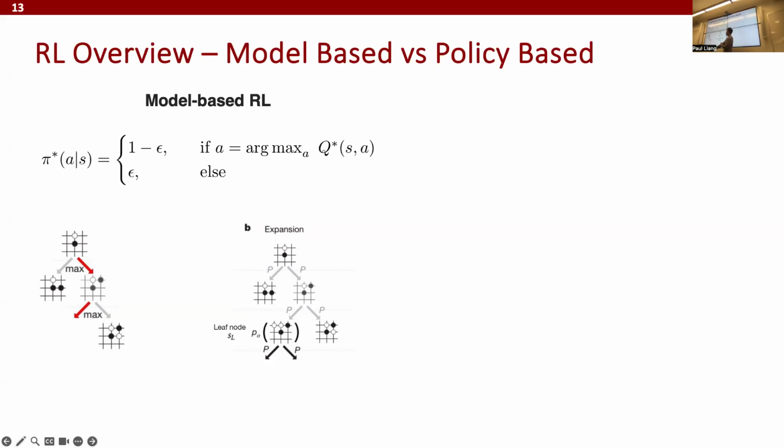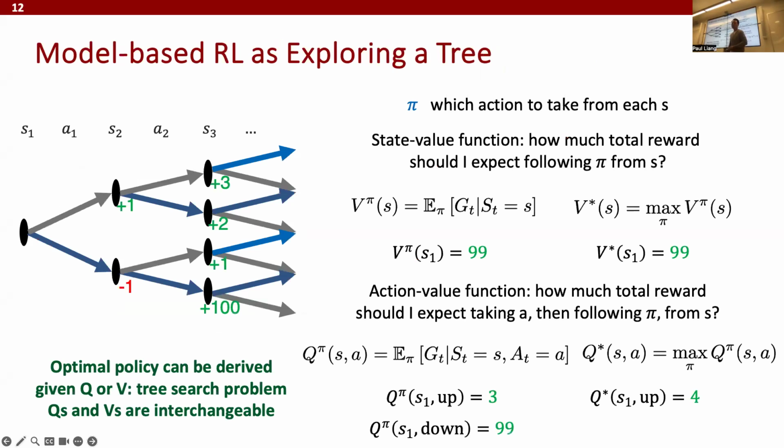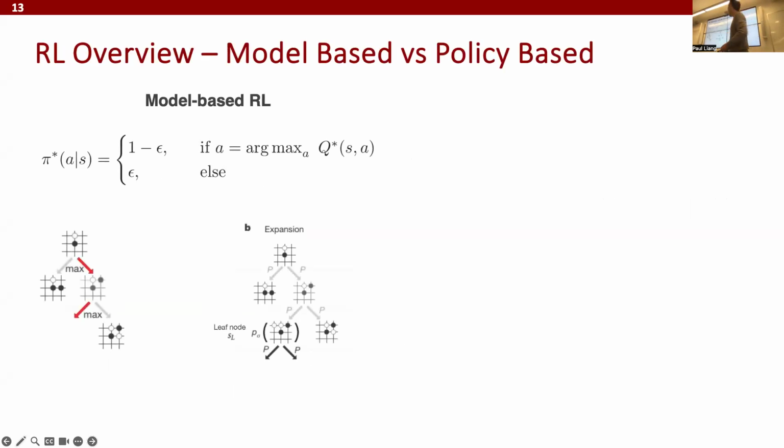So AlphaGo essentially just trains CNNs on these game boards by viewing them as images and training them in a way such that the CNN outputs V of S, the value of the state in the long term. And then once you have each of these V of S, you can essentially take argmax locally because your V of S already accounts for long-term reward. So now you can take your local argmax, which is just traversing your tree. So that's model-based RL.